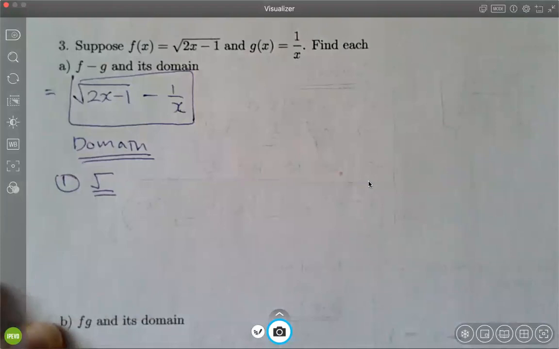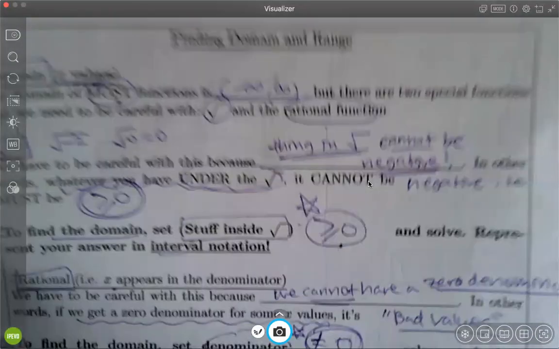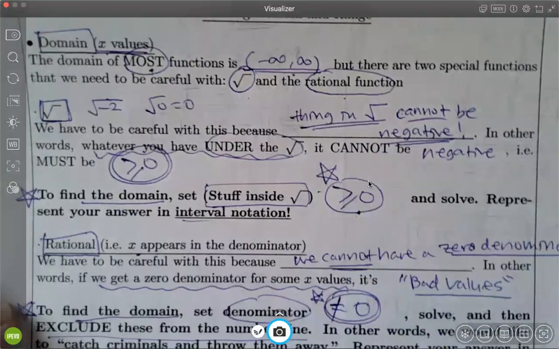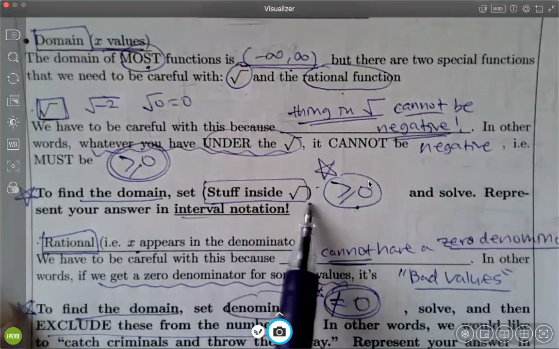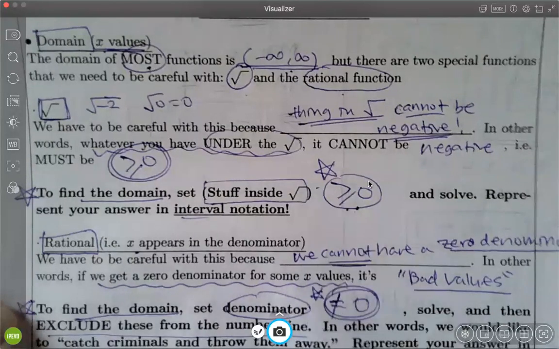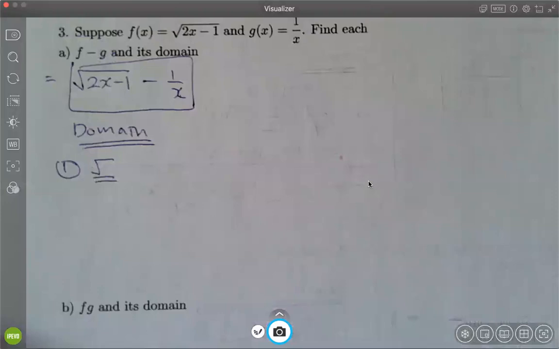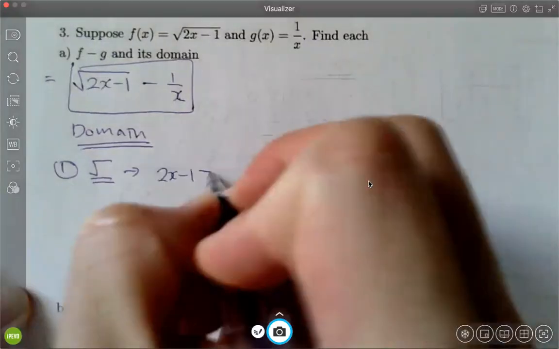So now what do we know about the square root? How do we find the domain? For the square root, we set whatever is under the square root to be greater than or equal to 0, right? So what does that mean? This.